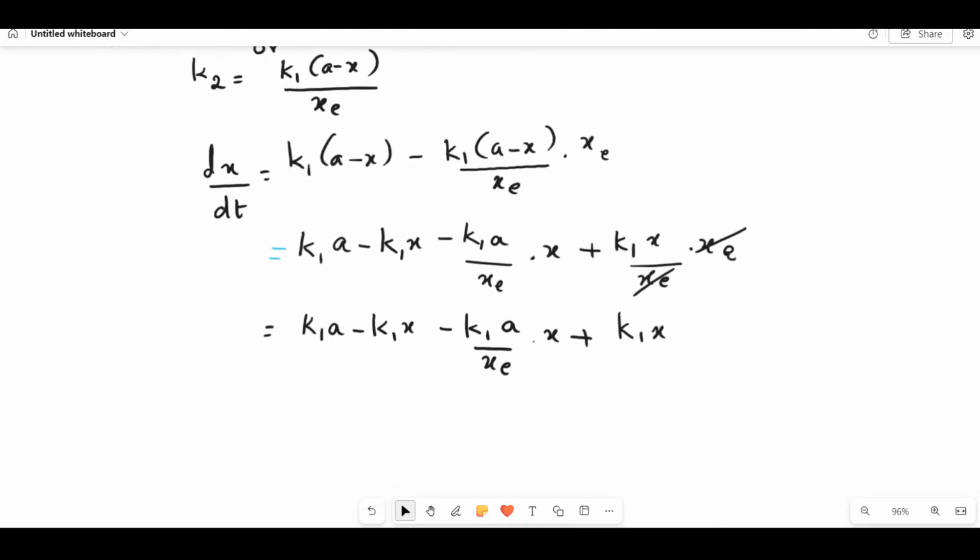So now what we have is minus k1x plus k1x will get cancelled out. Now what we have is k1a minus k1a divided by xe into x.